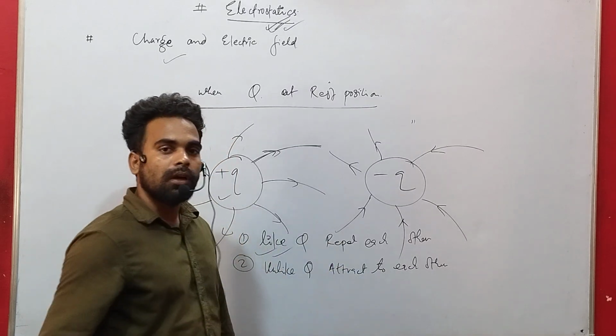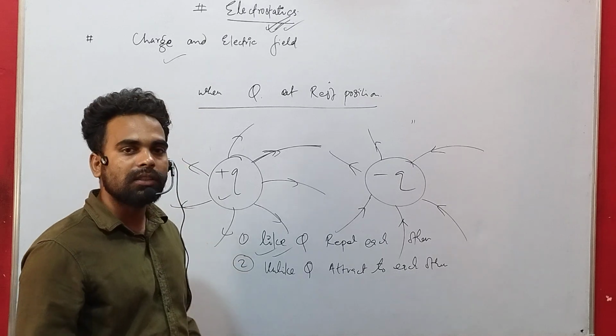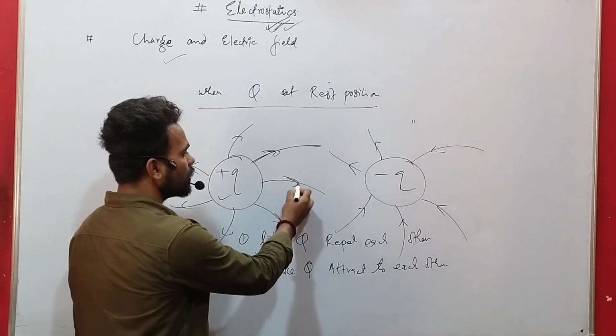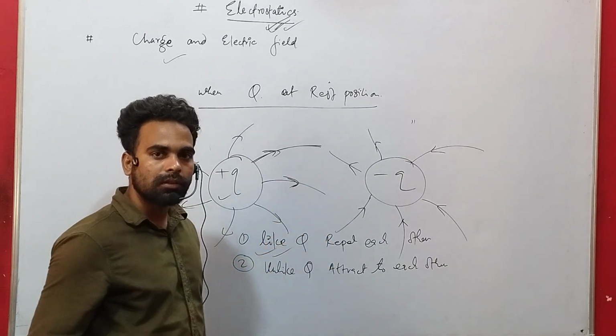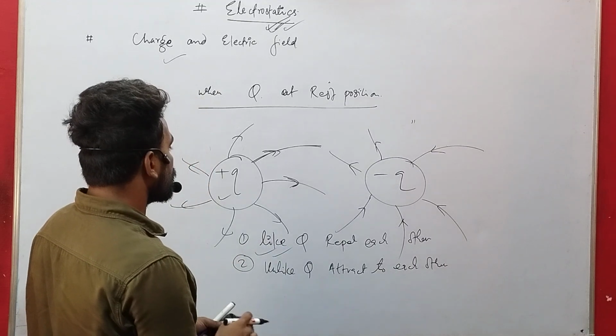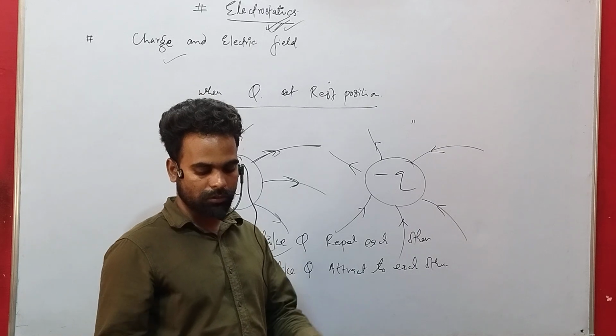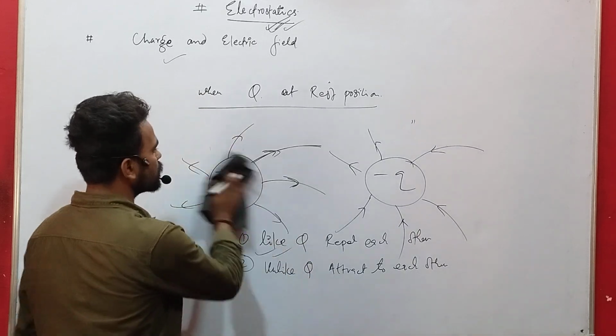Now let us see how they attract and how they repel by the electric field. Because the electric field experiences a force on other charges, we can say the electric field experiences forces in an electrostatic system.